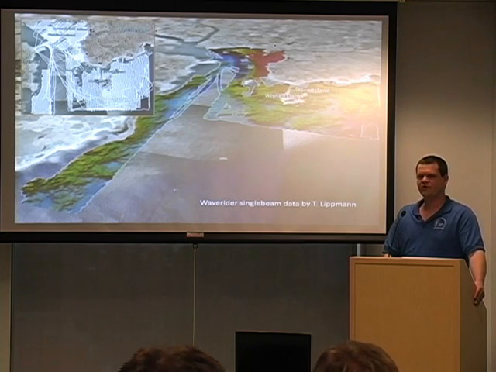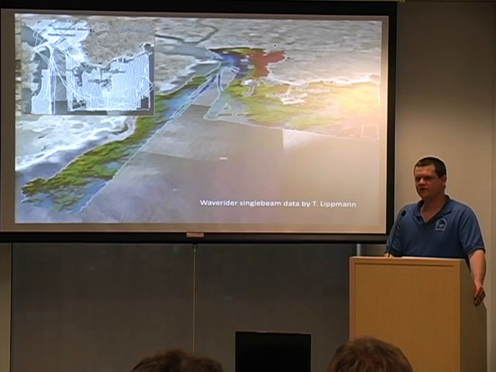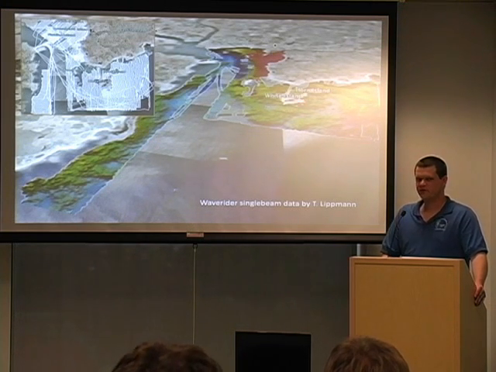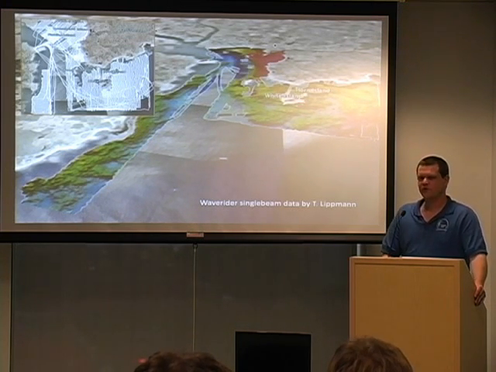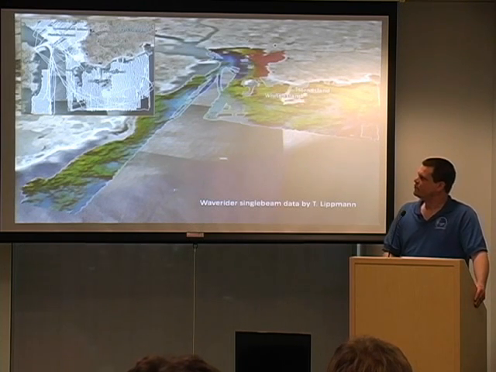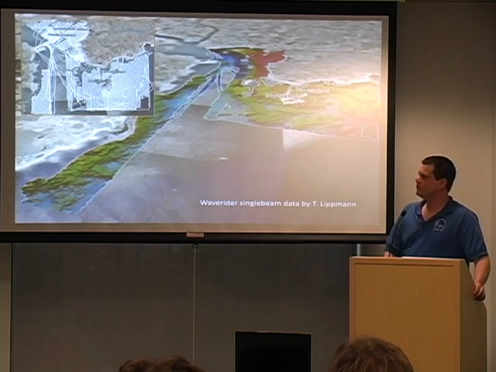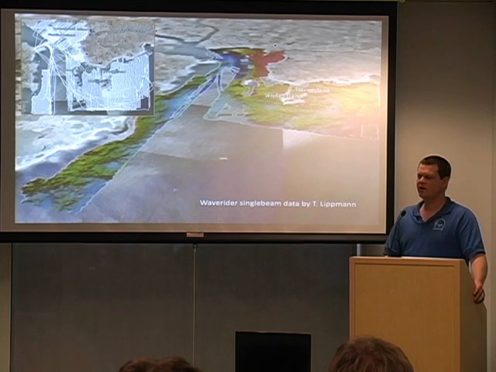I used a combination of MB-System and Google Earth to drop in the track lines from this Wave Rider, which is a little jet ski-like device with a sonar on it, driven by Tom Lippmann of our institution, to quickly make a model of this and see if we can make a nice model of the inshore areas where we can't get ships. So we're trying to work on new ways to acquire data and get it into Google Earth.